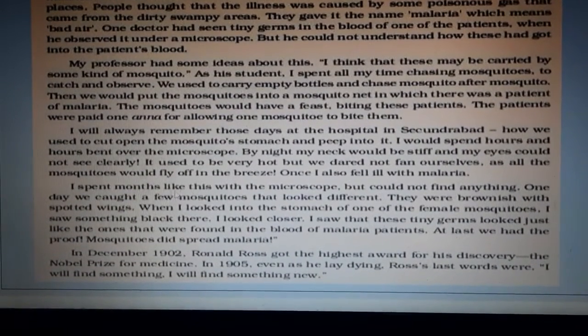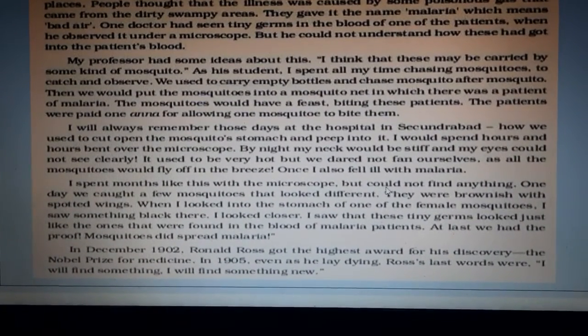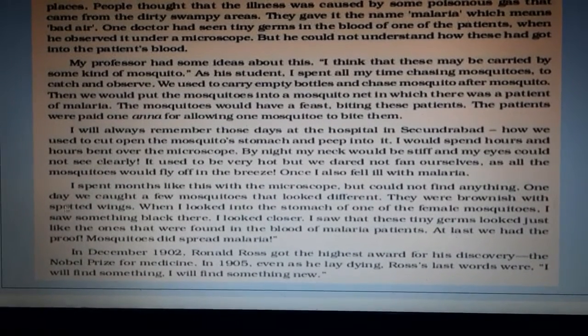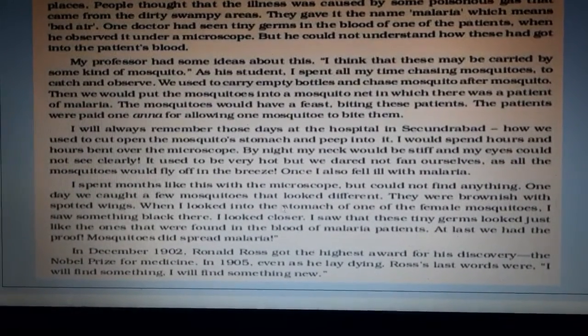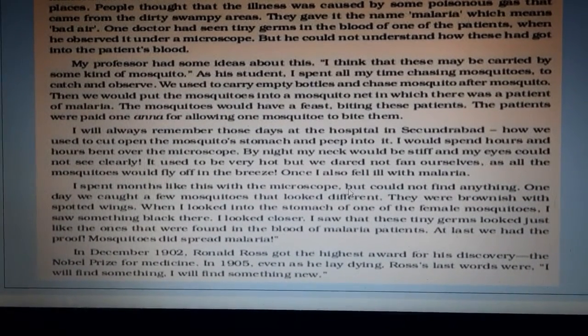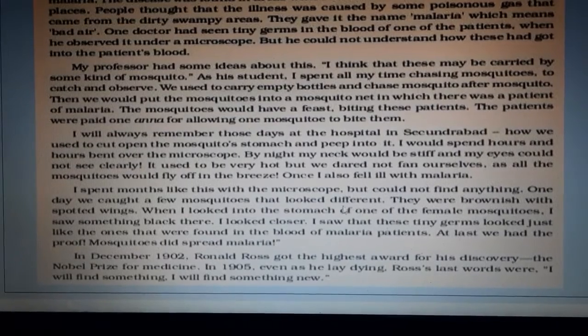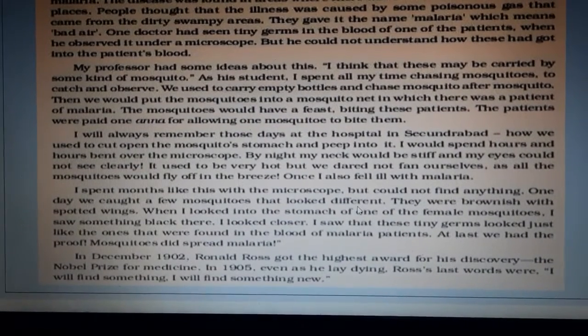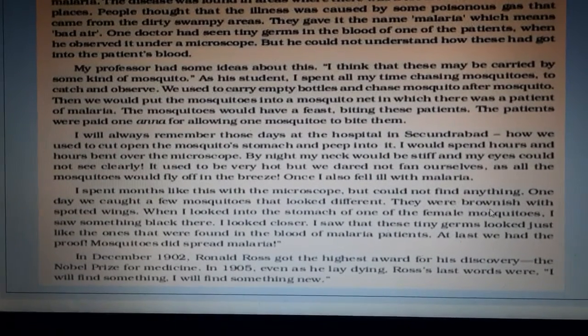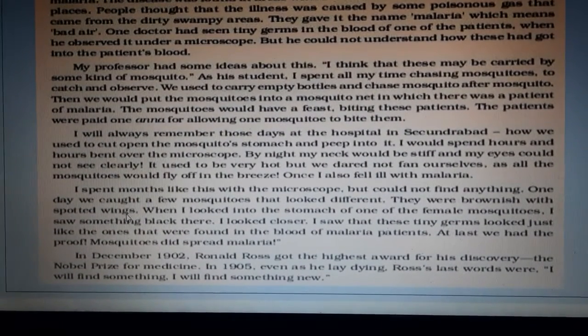I spent months like this with the microscope but could not find anything. One day we caught a few mosquitoes that looked different. So because they observed so many mosquitoes under the microscope, now they found some mosquitoes which looked different from the ones they had observed. They were brownish with spotted wings.